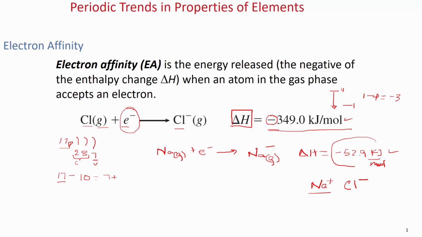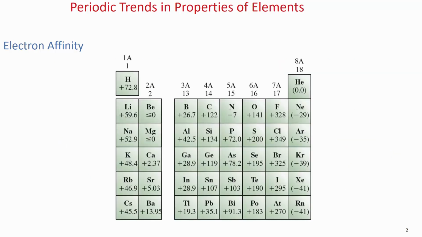All right, let's look at a table of electron affinity values. As the trend goes, electron affinity increases as you go across the periodic table. The amount of energy released increases as you go across the periodic table, and it decreases as you go from top to bottom.